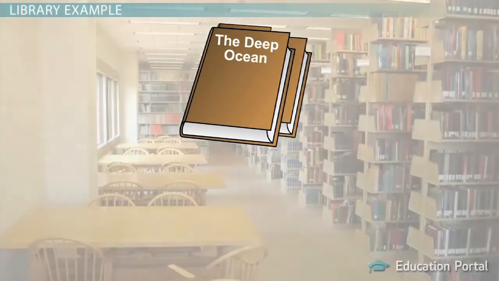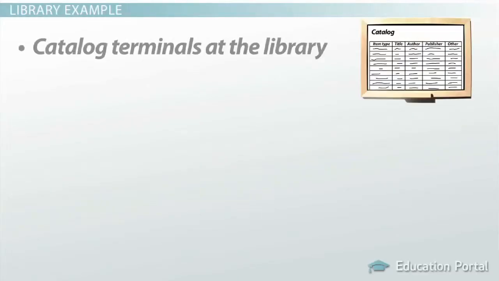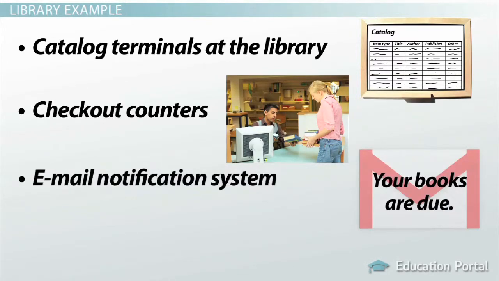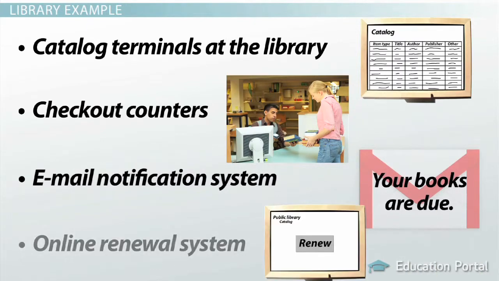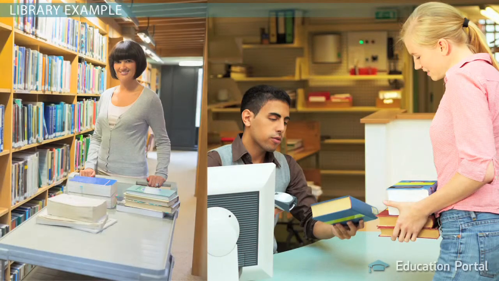Throughout these steps, you have used the library system in several ways. The catalog terminals at the library, the checkout counters, the email notification system, and the online renewal system. All of this is possible because of the database systems maintained by the library. Also consider how the library staff uses the databases.